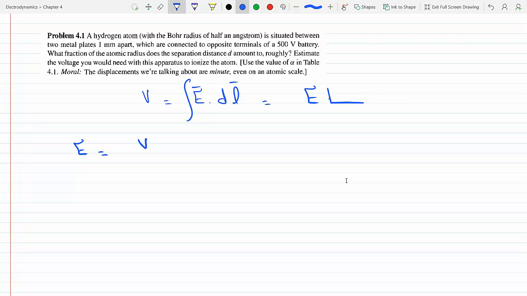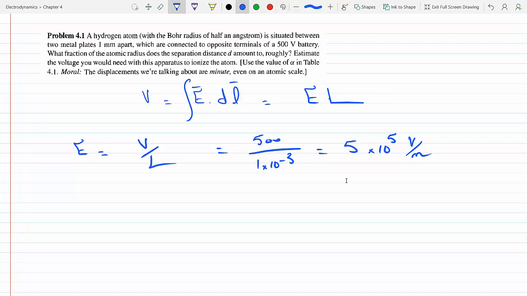So E would be V over L, which is 500 divided by 1 times 10 to the minus 3, so this is 5 times 10 to the 5 volts per meter. Okay, so this here is the electric field.